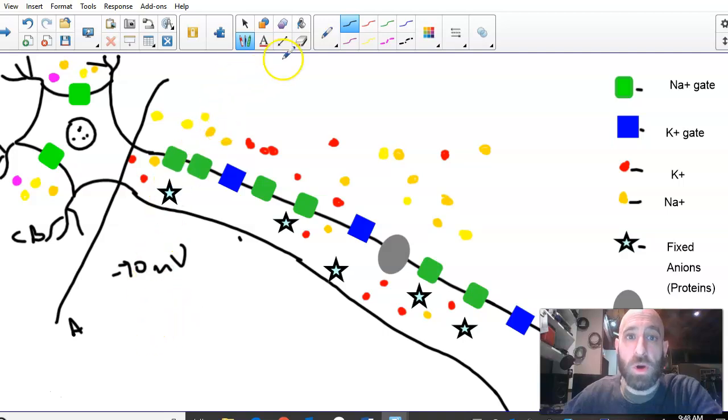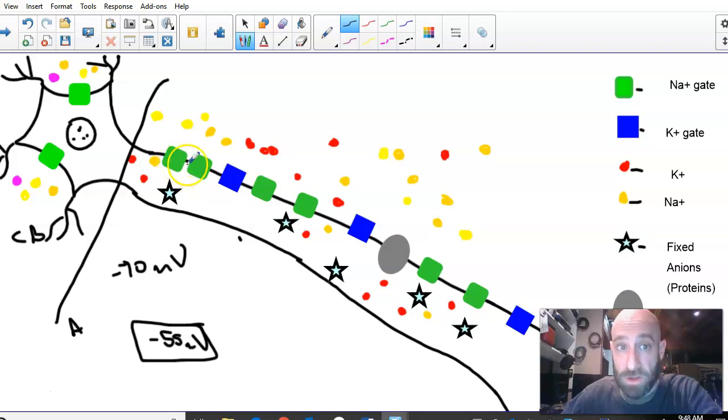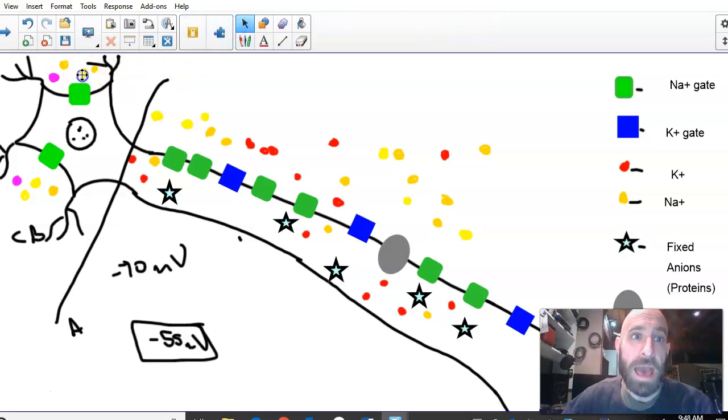So there's a threshold which has to be reached, and that is a magic number. It's negative 55 millivolts. That is what this membrane needs to get to in order to have these channels open up and have the sodium flood in. So some sodium will start to accumulate in what is called the axon hillock, and that comes from down here. I'm not going to explain how this is happening right now because I want to wait to do that.